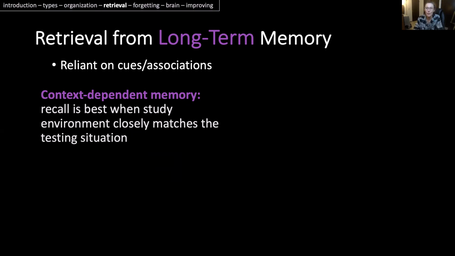Because one of the bits of information that you're encoding when you make a memory is the environment, keeping the environment the same can then trigger those memories of information. So for instance, since we're online this semester, if you plan to take your exams sitting at a desk in your room, you'll do a lot better if you then study at that desk in your room too.